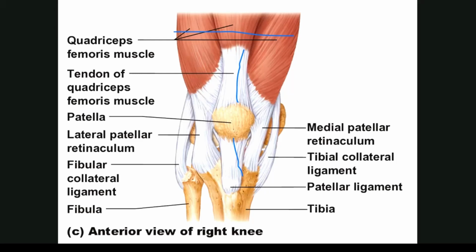Now, this is the lateral patellar retinaculum right here. This is the medial patellar retinaculum here. This is the fibular collateral ligament, can also be called the lateral collateral ligament because the fibula is always lateral. This is the tibial collateral ligament here. It can also be called the medial collateral ligament.